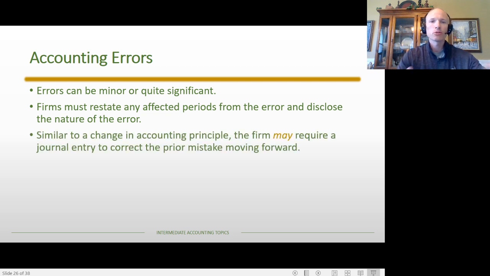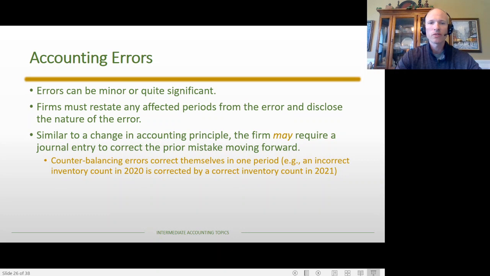All right, similar to a change in accounting principle, there may be a journal entry. This little piece is a little out of order from your lecture guide, but I just felt it flowed a little better here. The reason why I say may is because there are two types of errors. One is called a counterbalancing error. And a counterbalancing error is one that corrects itself within one period.